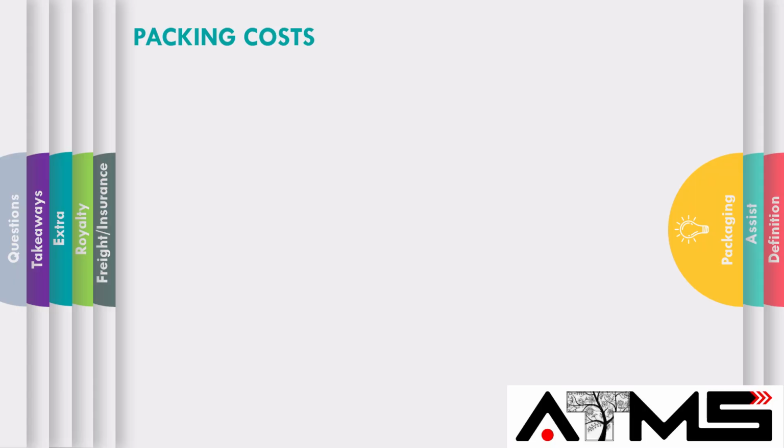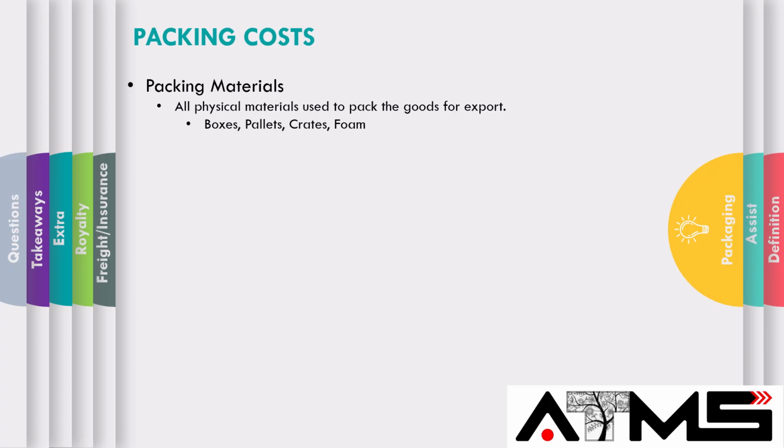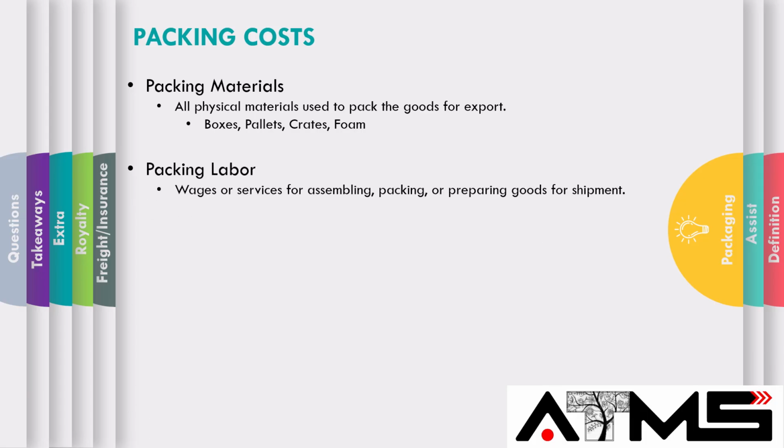Next, packaging materials and labor can also be dutiable. If export packaging materials used for shipments are not included in the product price, they must be added to the customs value. Examples include boxes, pallets, crates, or foam. If the packaging labor cost for assembling, packaging, or preparing goods for shipment is not included in the product price, it too must be added to the transaction value.